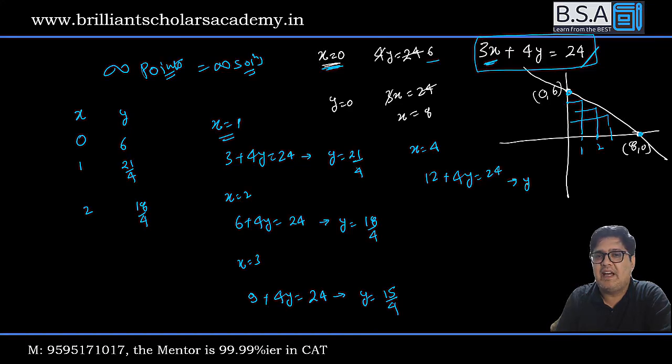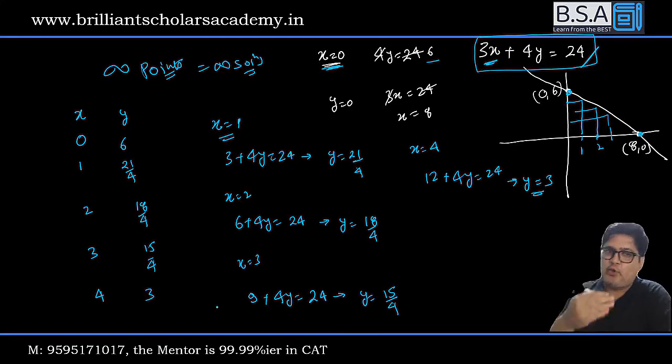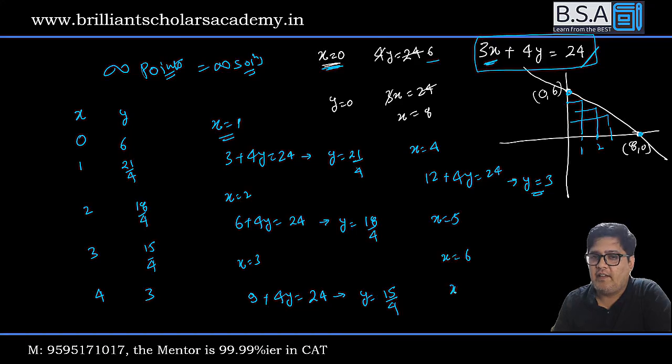That gives me y is equal to 3. So I can show you the pattern here, or we can wait for more numbers to check. You can put x is equal to 5, x is equal to 6, x is equal to 7, x is equal to 8. You notice here when you put x is equal to 8, y becomes 0.